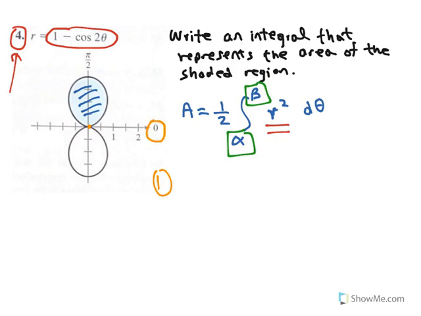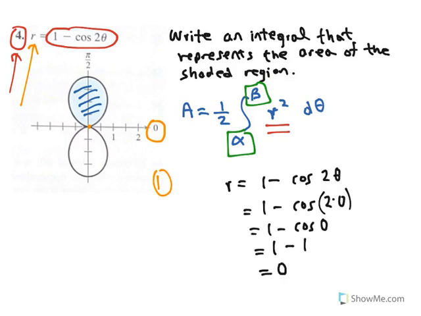But if we start at theta is equal to 0, what would r be? So let's go ahead and just calculate that. If you have theta is equal to 0, you will get that r is also equal to 0. So in fact, when theta is equal to 0, you do get a point at the pole, and it would be over here. What happens when theta is equal to pi over 2?